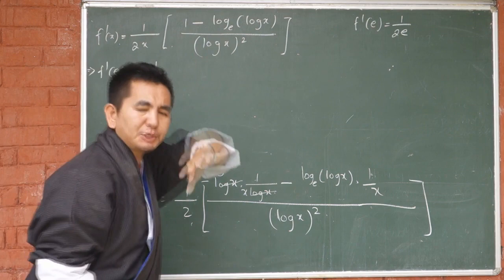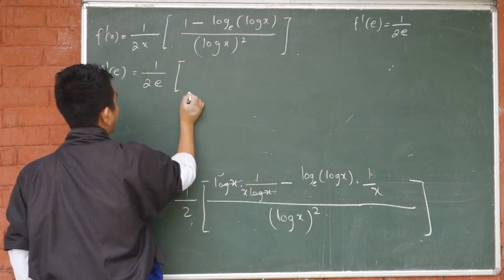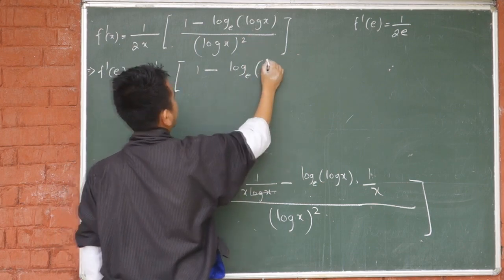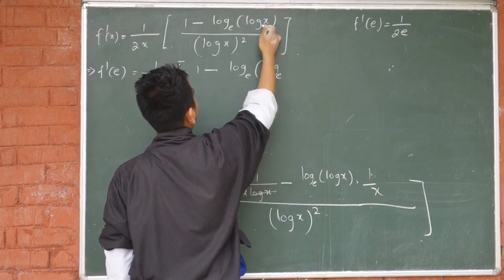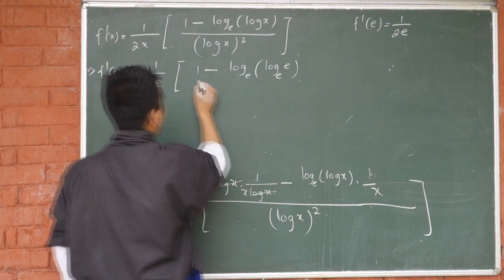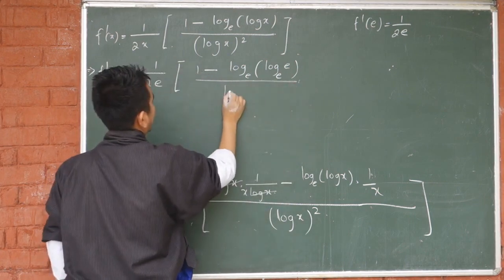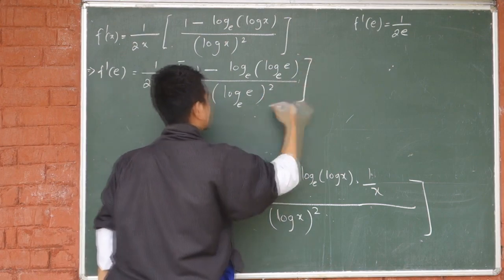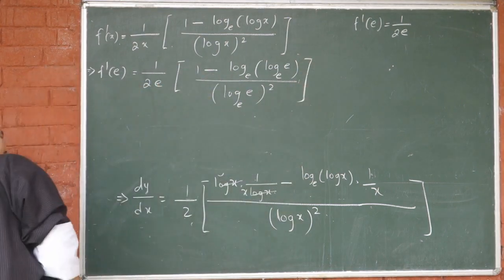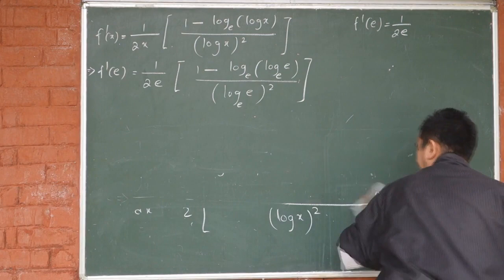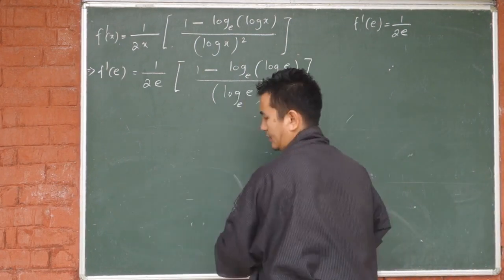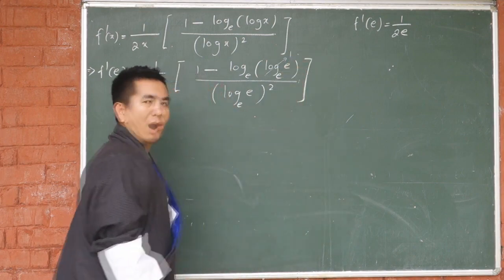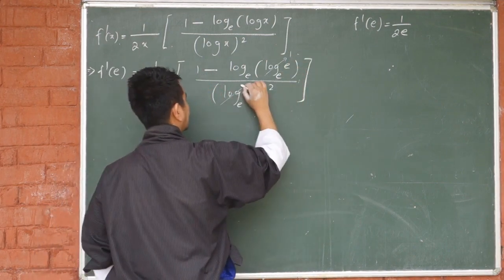In place of x, substitute e. Now 1 minus log to the base e of, in place of x substitute e, divided by log to the base e of e whole square. Just substitute e in place of x, simple as that. Now, as per the logarithm law, what's log to the base e of e?